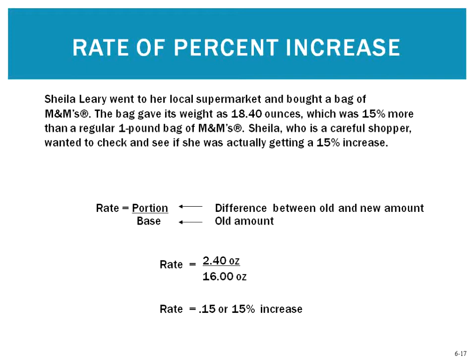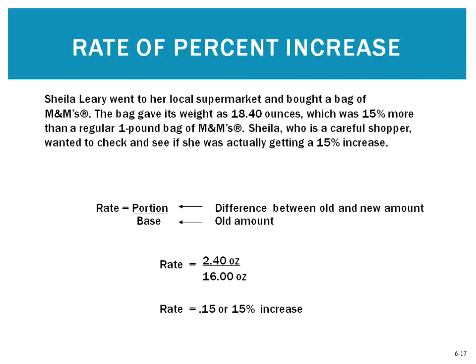Okay? Rate of percent increase. Sheila Leary went to her local supermarket and bought a bag of M&Ms. The bag gave its weight as 18.4 ounces, which was 15% more than a regular 1-pound bag of M&Ms. Sheila, who is a careful shopper, wanted to check and see if she was actually getting a 15% increase. So your portion is your difference between your old and your new amount, right?